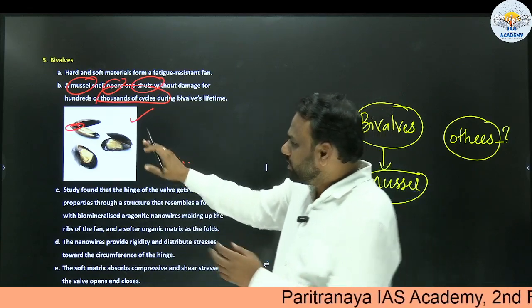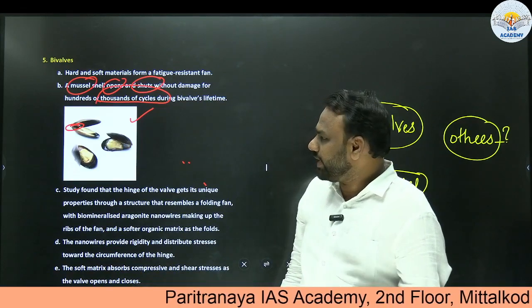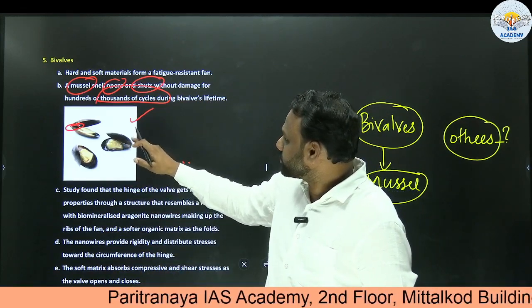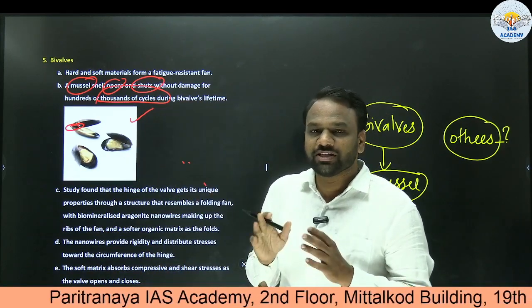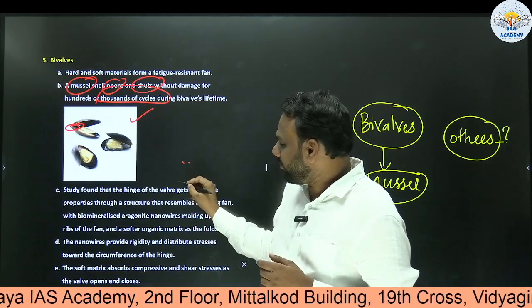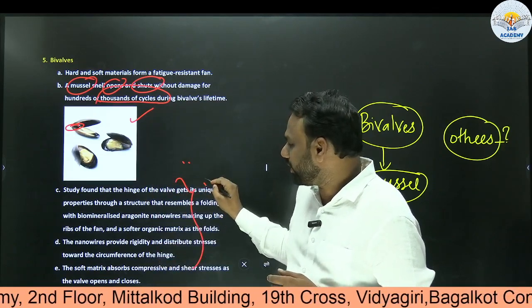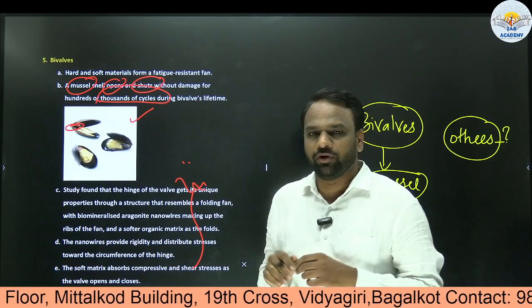But in the case of bivalves, this closing and opening will happen thousands of times, and in spite of that, it continues to work properly without any problem. So this is the property of bivalves. Okay, bivalves. The scientific mechanism that helps retain that property has been described here, but it is not important from the exam point of view.